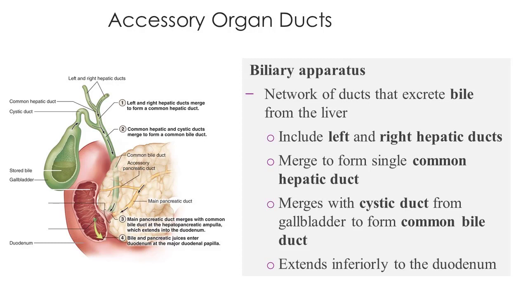And from the right and left lobes of the liver, we have right and left hepatic ducts. Hepatic is a word for liver. And those come together to form the common bile duct. Now, when we get down to the bottom of the common bile duct, we have a number of valves down here.